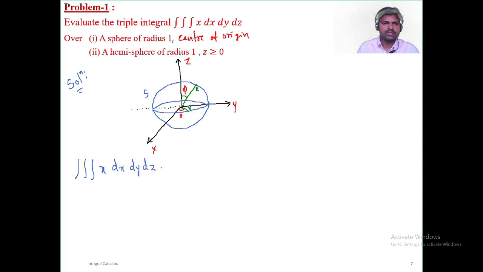Since the solid of integration is a sphere, we are supposed to adopt the spherical polar coordinate system. Then replace x.